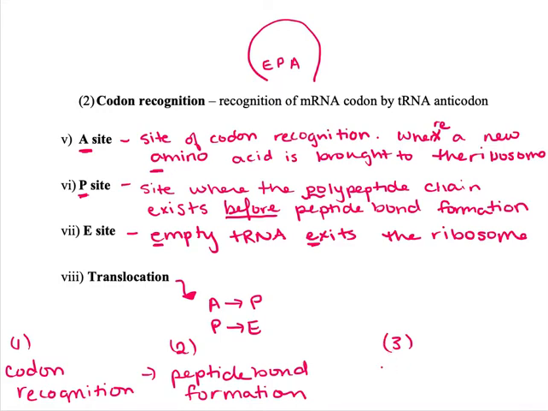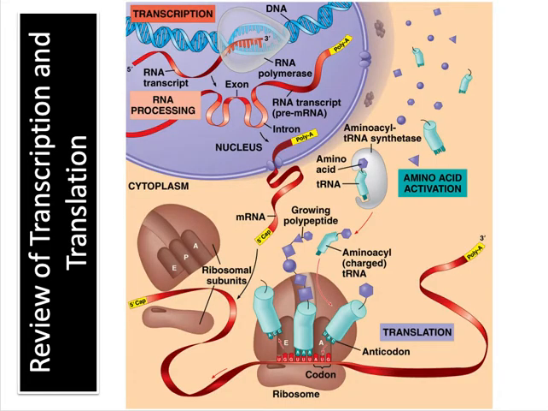And then finally, we have translocation, where all of the tRNAs shift over, or the ribosome shifts in the other direction, and the empty tRNA exits the ribosome. Okay, and then we get a polypeptide chain.